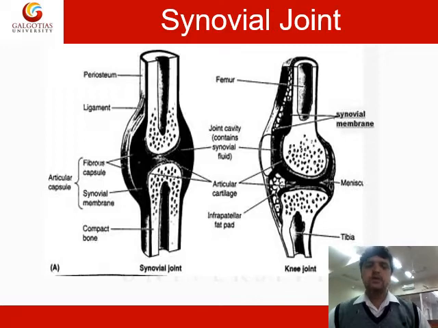The 2 bones are held together by ligaments, so that movement or separation of the bones can occur. One example of a synovial joint is the knee joint.